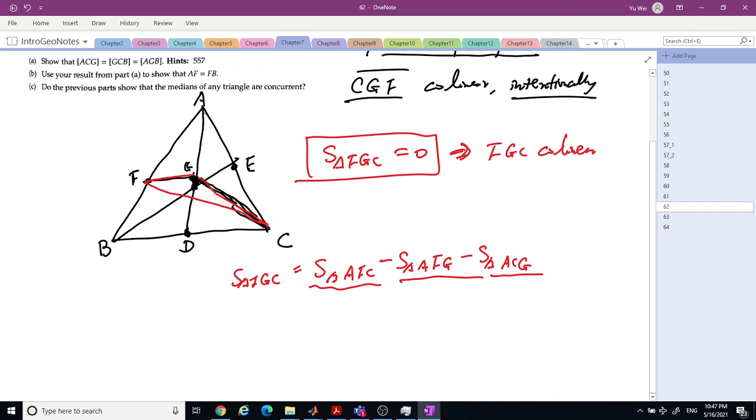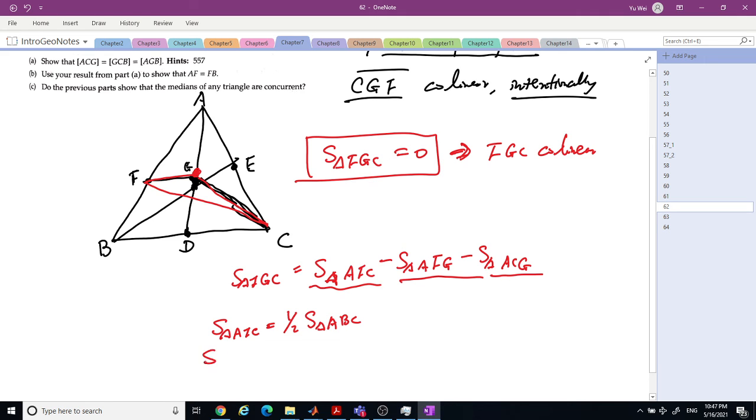Let's see the triangle AFC. AFC is half of the triangle ABC.